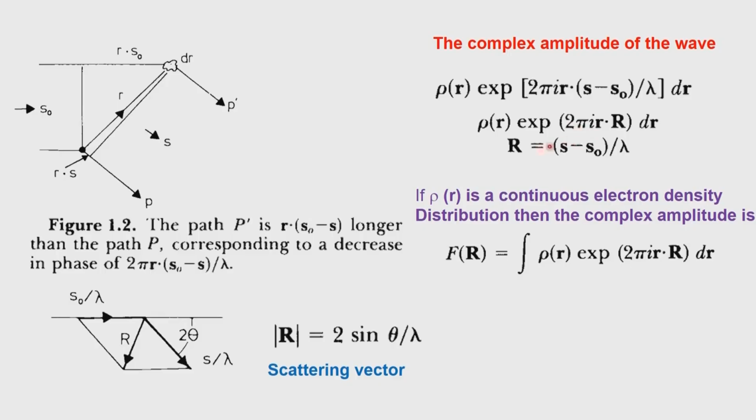This scattering vector has dimensions of reciprocal length. Lambda is the wavelength. So, R has dimensions of reciprocal length. That means this scattering vector could be a representation of the reciprocal lattice vector in some way. We have to find out what is the representation of capital R, because it is proportional to 1 by lambda.